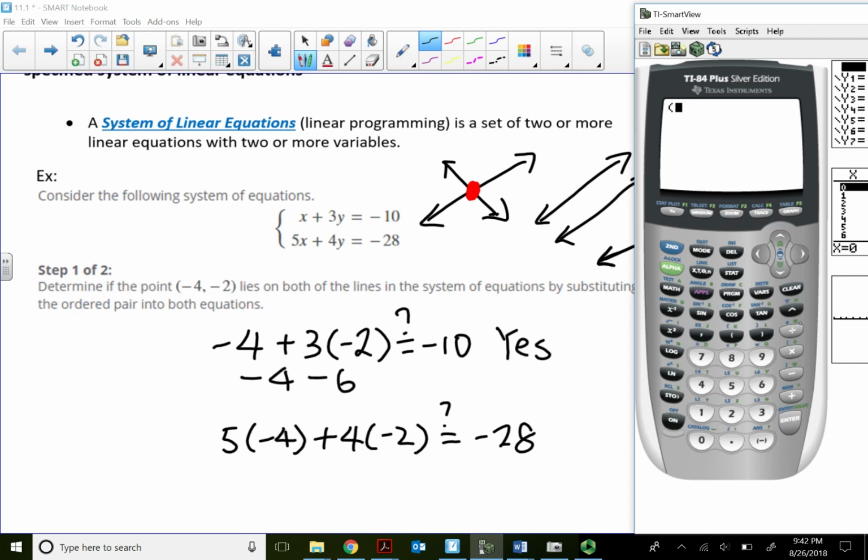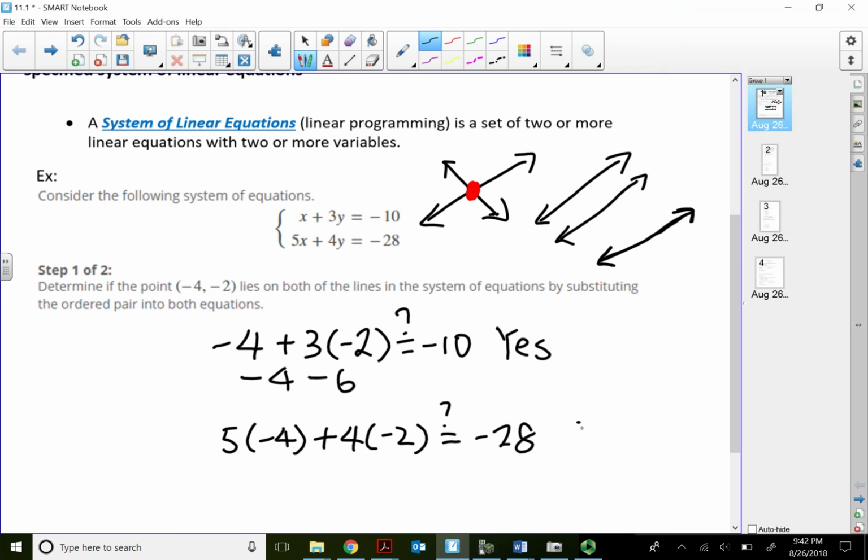I'm going to type in exactly what I see: 5 times negative 4 plus 4 times negative 2. Oh yes, it is also equal to negative 28. So that means the second line carries the same point. Therefore, this particular point is the solution to the entire system.